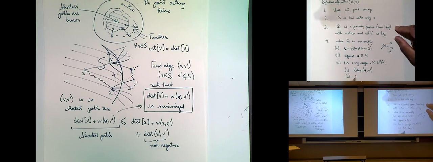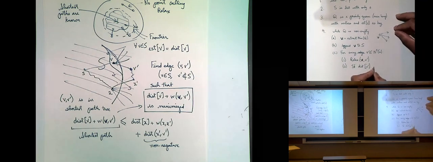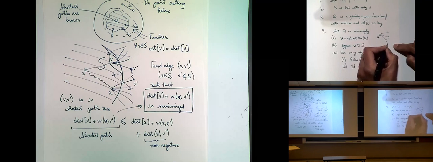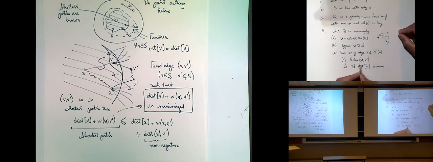And if the distance of V prime decreases, right? So every time you call relax on that edge V prime, you may have reduced, not the distance, I'm sorry, the estimate. Your estimate may have decreased, because every time you call relax, maybe you get a better path.